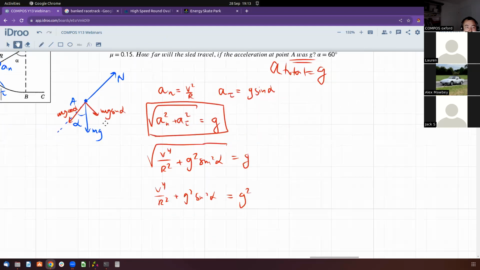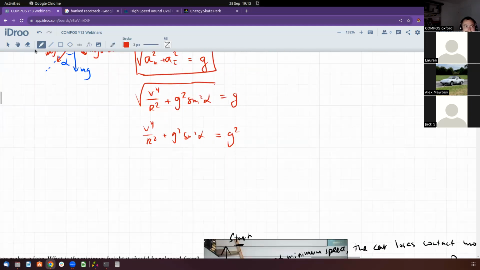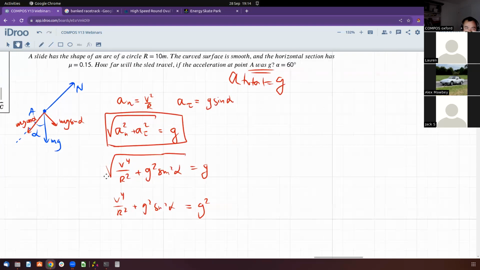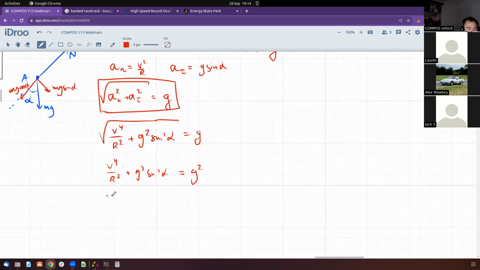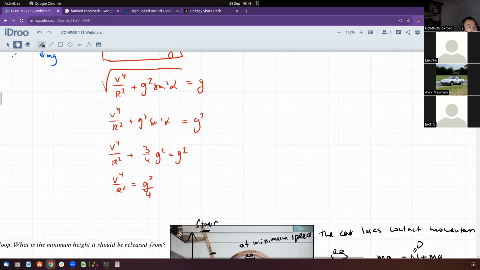And the angle was 60 degrees, and sine 60 is square root of 3 over 2. So we have 3/4. So v to the power 4 over r squared plus 3/4 g squared equals g squared. So v to the power 4 over r squared is equal to g squared over 4. We subtract 3/4. So from here, we can work out the speed.